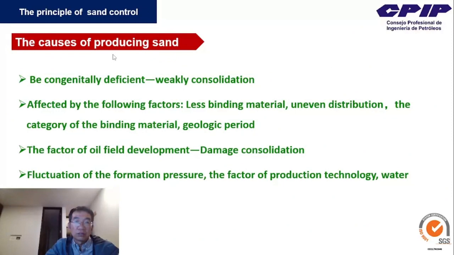The cause of sand producing. The first one is being congenitally deficient, with weak consolidation, affected by the following factors: less binding material, uneven distribution, the category of the binding material, and geologic period.